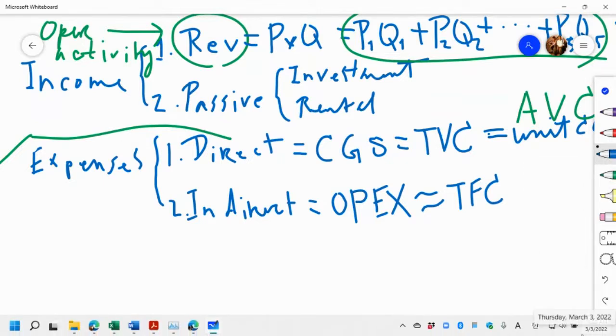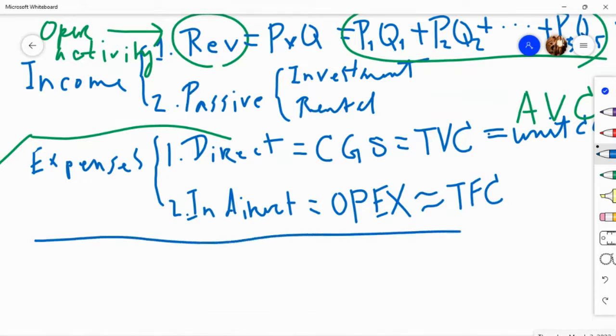So we basically looked at these two major sources of income and expenses. Income consists of two components, of which the revenue is the primary component, the primary source of income, right?